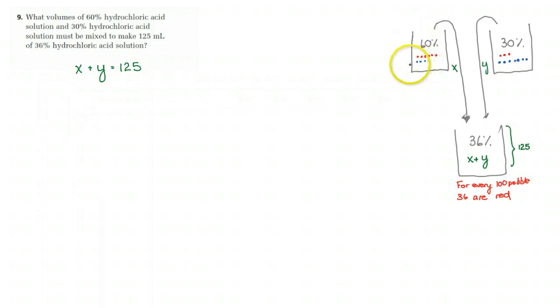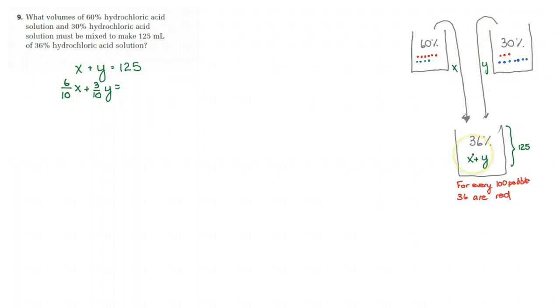Now, the next equation is going to be thinking only of the red pebbles. For the amount of x that I add, a certain amount is red pebbles, and that's 60%. So 6 over 10 x represents all the red pebbles poured into my new solution. Likewise, 3 over 10 y represents all the red pebbles from this container.